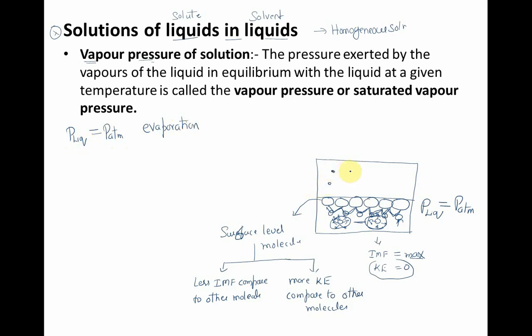So what is meant by evaporation? The process of conversion of liquid molecules into gaseous molecules when the pressure of the liquid molecules becomes exactly equal to atmospheric pressure. Therefore, evaporation takes place.